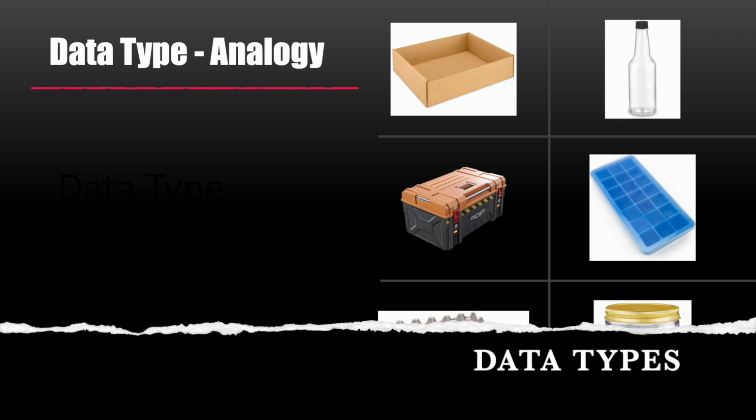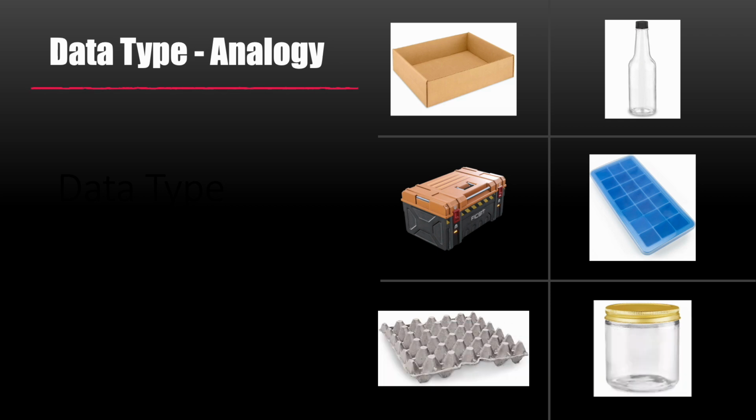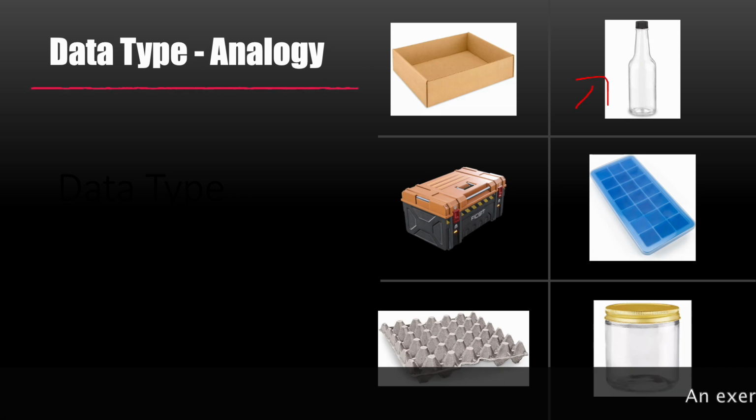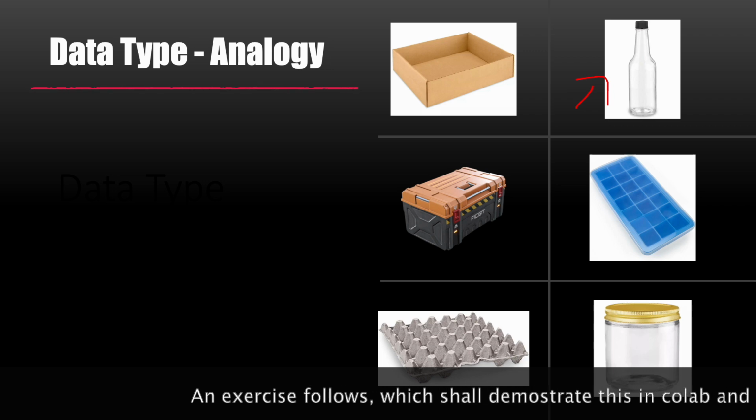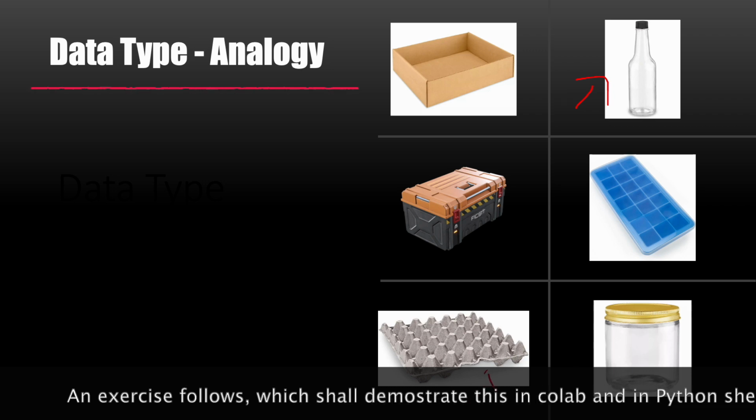Let's continue with the box analogy which we had for variables. Now boxes can be of different types. They can contain different things, and these containers can be of different types. It could be something for containing a solid, a liquid, probably in some cases a gas. So different kinds of containers which I have shown here: box, bottle, ice container, glass container, egg container.